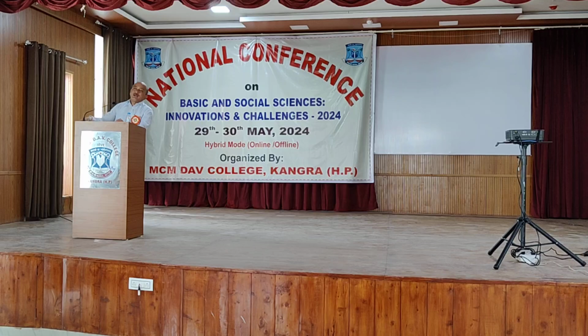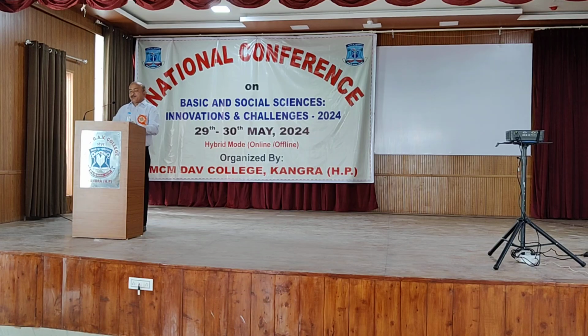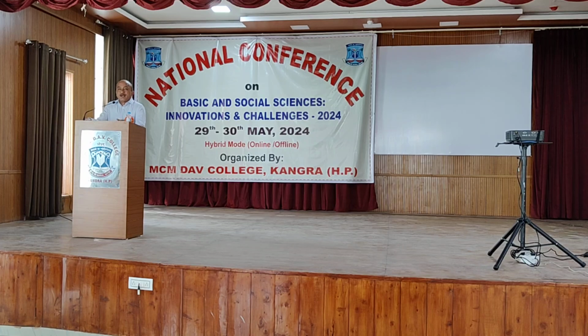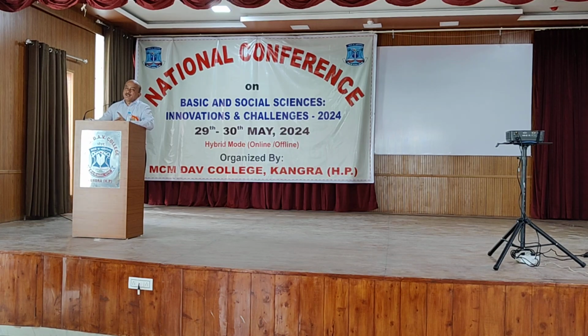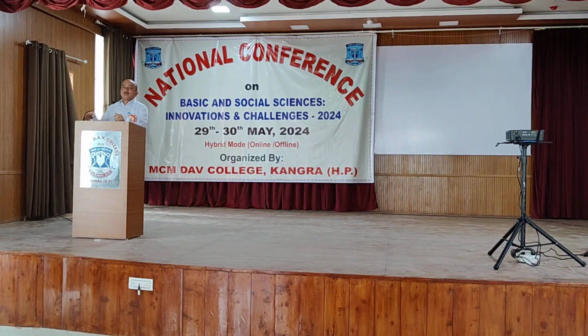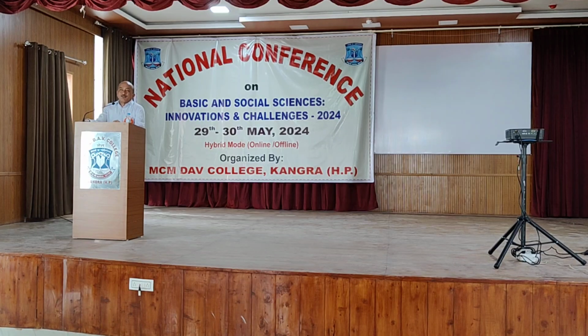Like in case we want to find out average, we can go for the use of median. And if we want to measure the variation, then we can go for the use of quartile deviation or interquartile range. And similarly, in case we want to see the shape of the distribution, the shape can be judged by using skewness and kurtosis. With the help of that, we will come to know about the shape of a distribution.